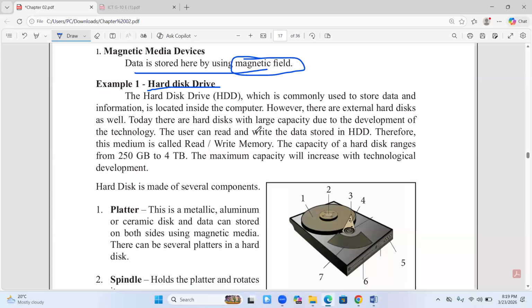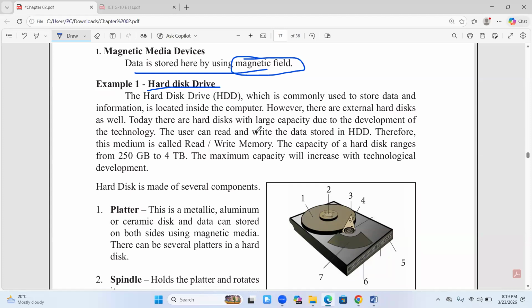Most computers have this hard disk drive, which is used to store information and data in the computer. It is located inside the computer, but it is connected to the computer externally by using a cable. Because of that, we categorize the hard disk as a secondary storage device.